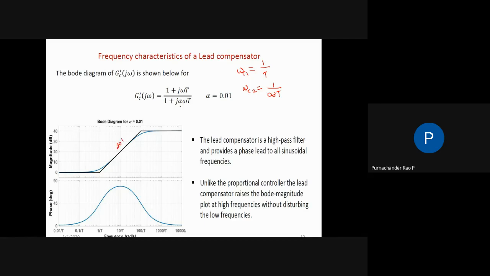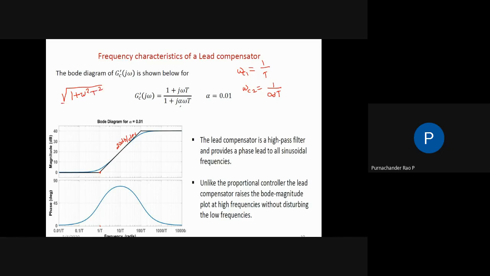This corner frequency is equal to 1 by T, and at this 1 by T your slope will vary like this. So how do we find this magnitude? The magnitude can be obtained from the square root of 1 plus omega square T square.